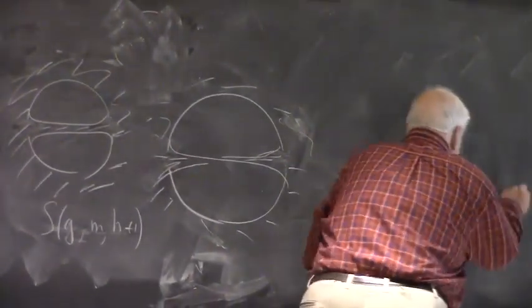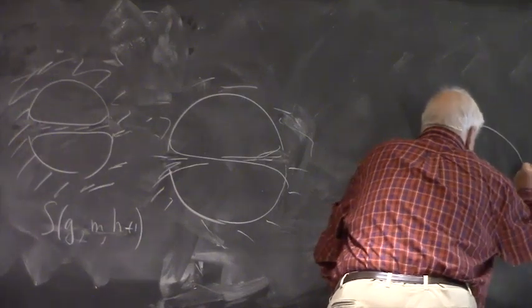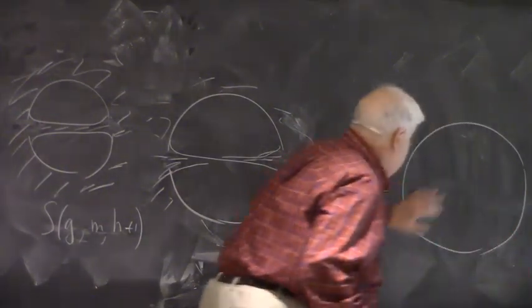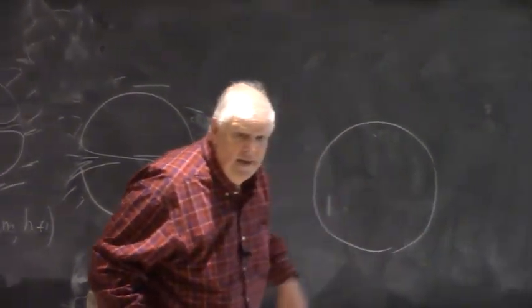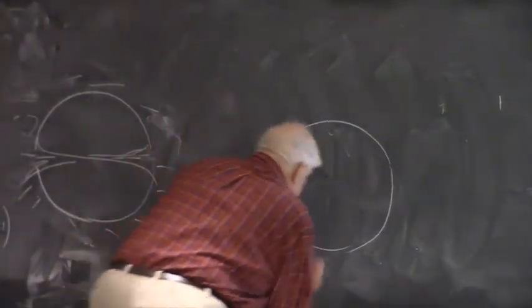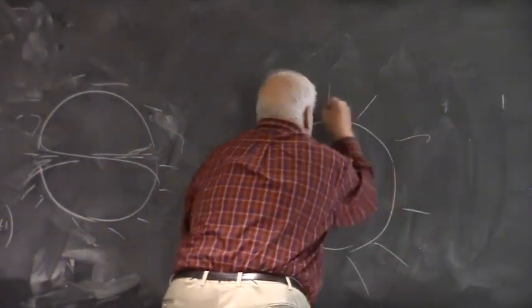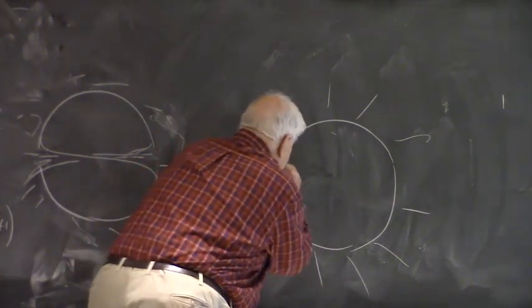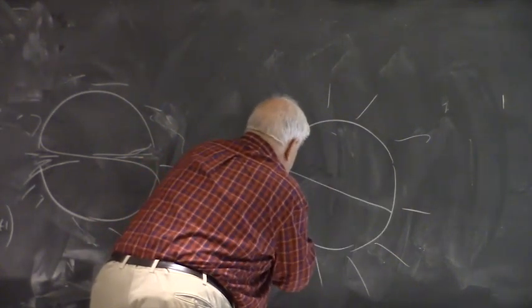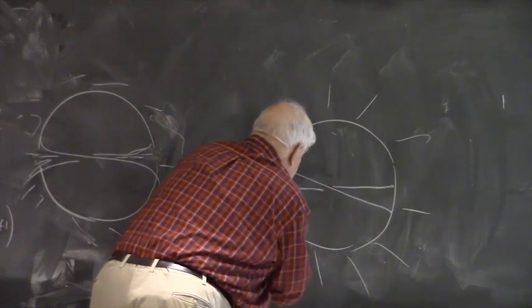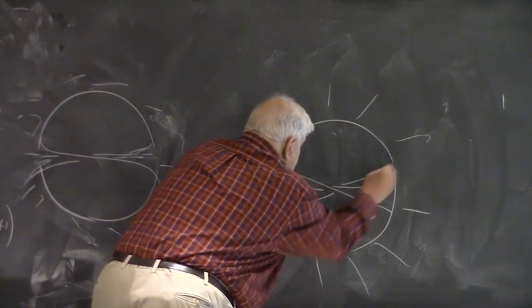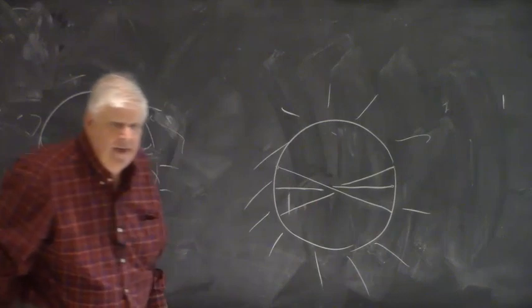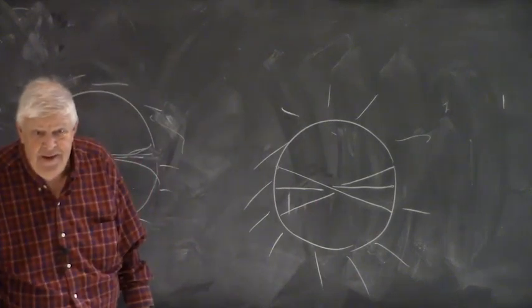So what do we do? We take this hole. I can shade it to make it more interesting. And then what do we attach? We attach a collection of diameters, which are all disjoint, right?